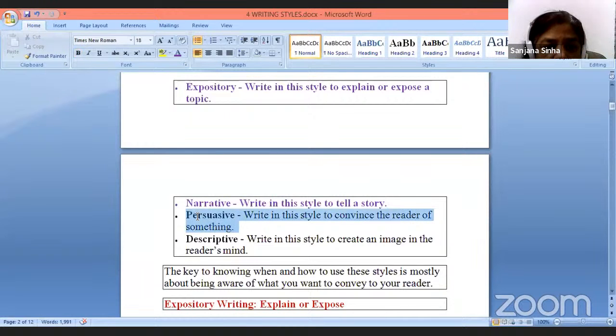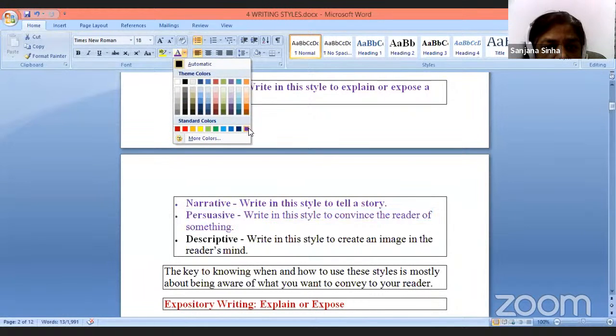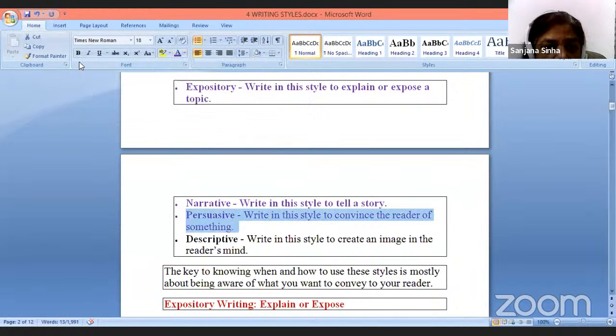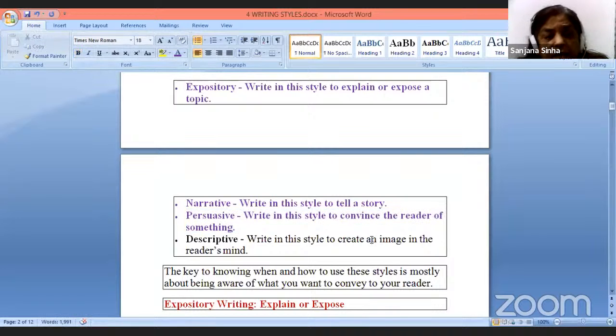Persuasive. When do we write in the persuasive writing style? When we need to convince the reader of something.